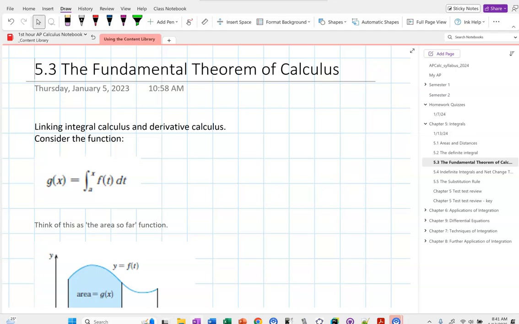This function is like an accumulation function. You can think about it as the area so far. So we define a function g of x that's equal to the integral from a to x of f of t dt.